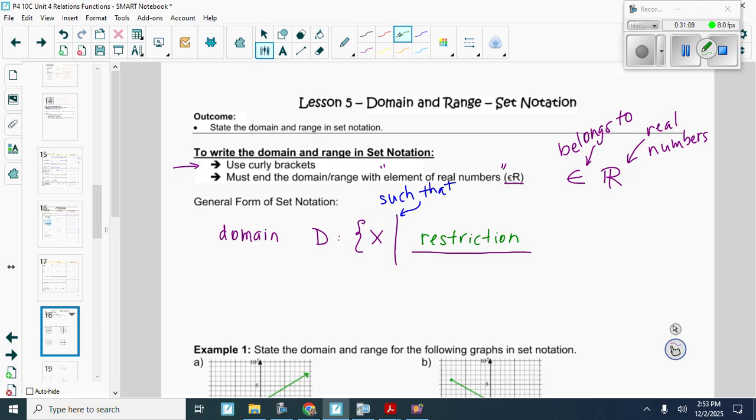It's going to have some kind of restriction here, which we'll talk about in a second. After any restrictions, you're going to have a comma, and then you're going to repeat your variable, and end with X belongs to real numbers. And then we end our set notation with an end curly bracket.